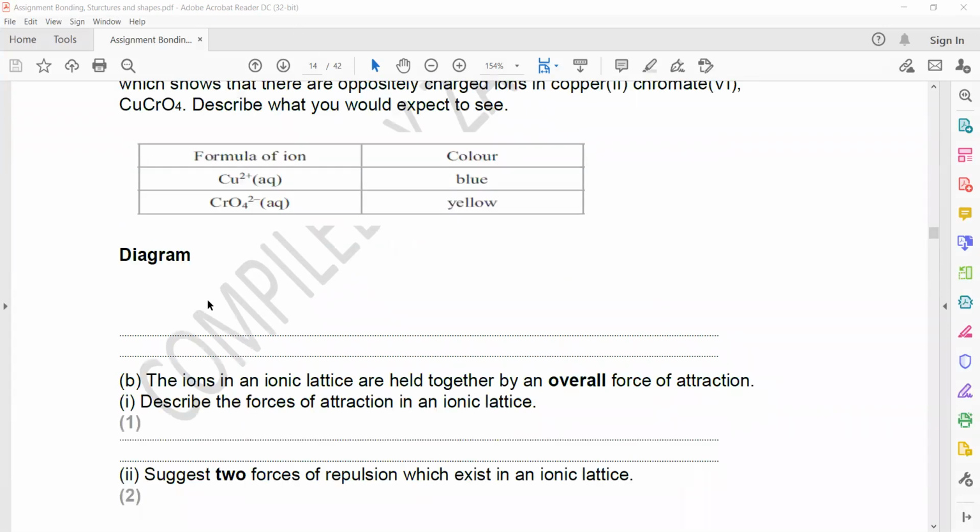And the description for the experiment, the experimental part: we will see that the yellow ions will move towards the positive electrode and the blue ions will move towards the negative electrode.